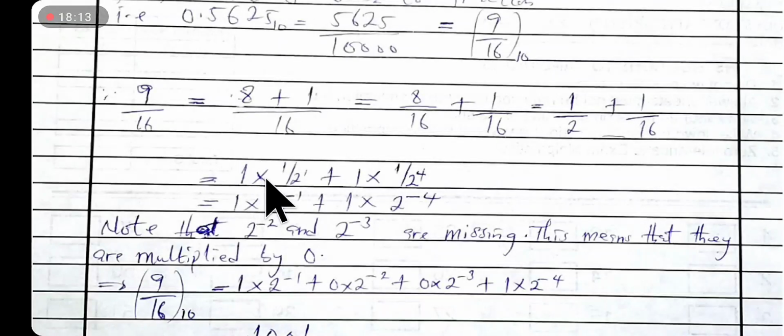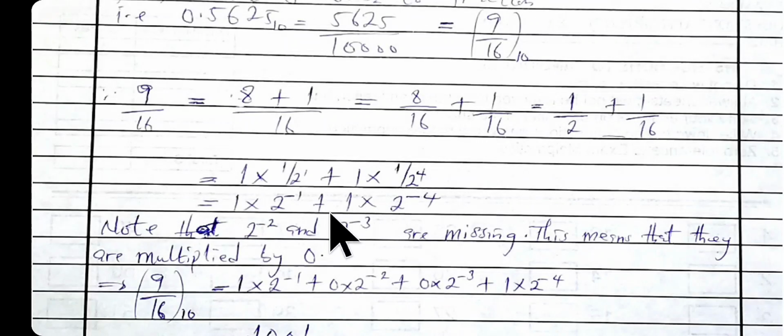So 1 times 1 over 2 raised to power 1 plus 1 times 1 over 2 raised to power 4. Why is it 2 raised to power 4? 2 raised to power 4 is 16, and we have 16 here. That is why it is 2 raised to power 4.